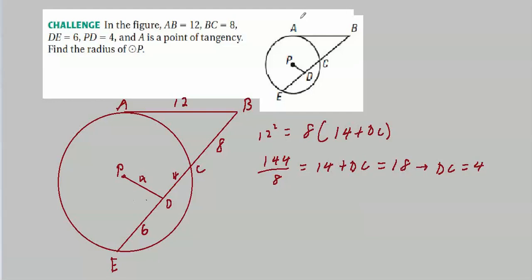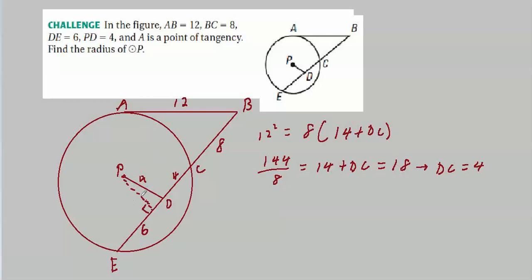Who cares? The point is, now that we know that DC is 4, we have to figure out some way to get at the radius. Well, what else do we know? We've got a center here, and we can draw a segment from the center to any chord, which will bisect the chord and be perpendicular to it. So let's do that. I'll draw a little dotted line here where we dropped down a perpendicular, which is now a bisector.